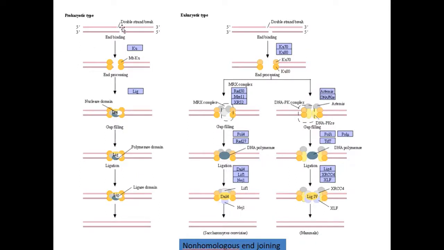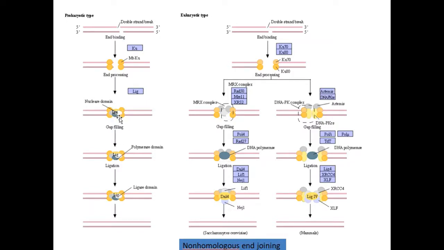In the case of prokaryotes, you can see that they could have a double-stranded break, and at the end of it, the Ku proteins are bound to it, followed by Lig-D, or ligase D, a complex having three main functions: nuclease, ligase as well as polymerase. It is a multifunctional enzyme, a single enzyme with different functions.